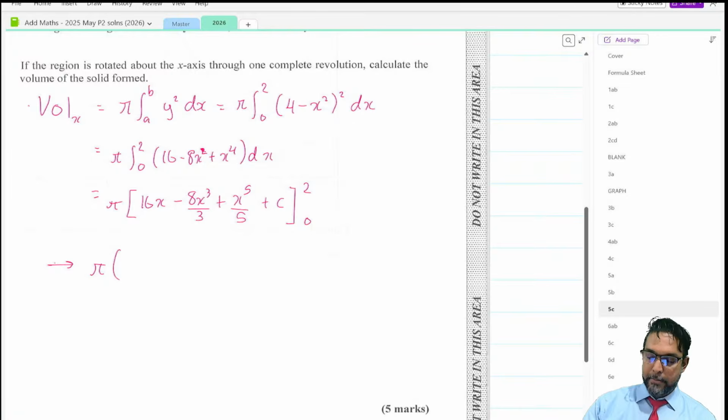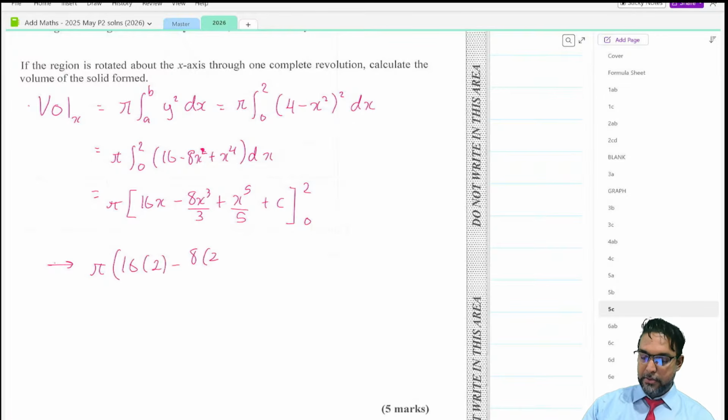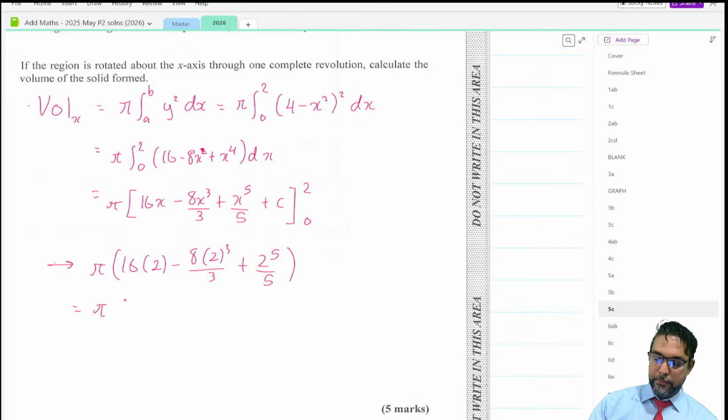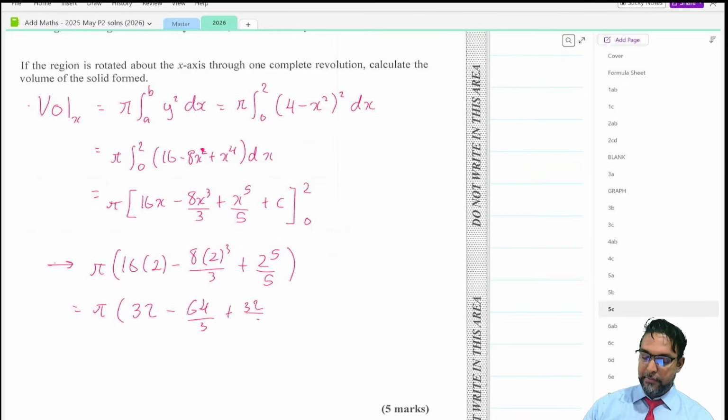This is pi times 16 by 2 minus 8 by 2 cubed over 3 plus 2 to the power 5 over 5. 16 by 2 is 32. 2 cubed is 8, and 8 by 8 is 64. 64 over 3 is 21 and a third. And then this is 32 over 5.